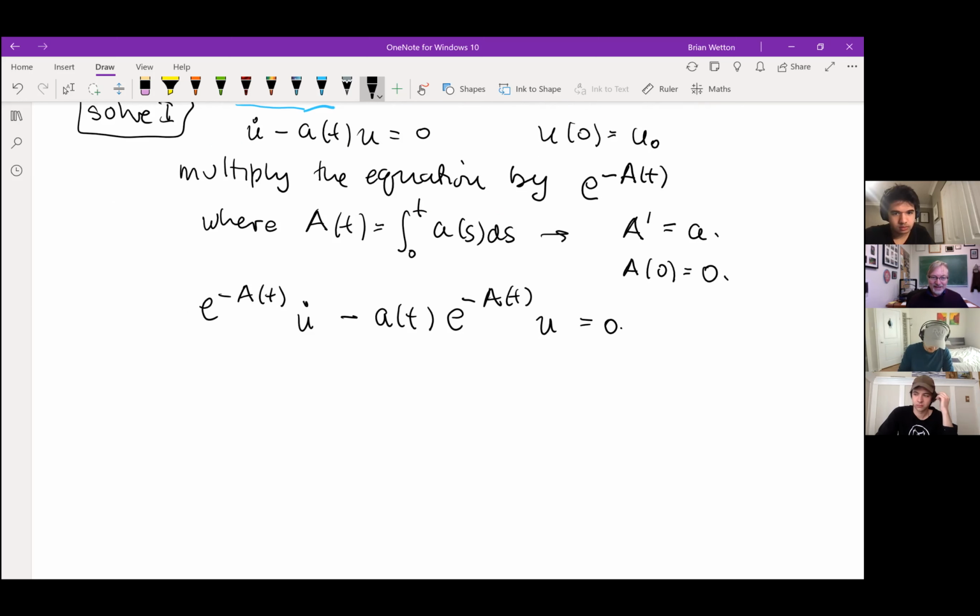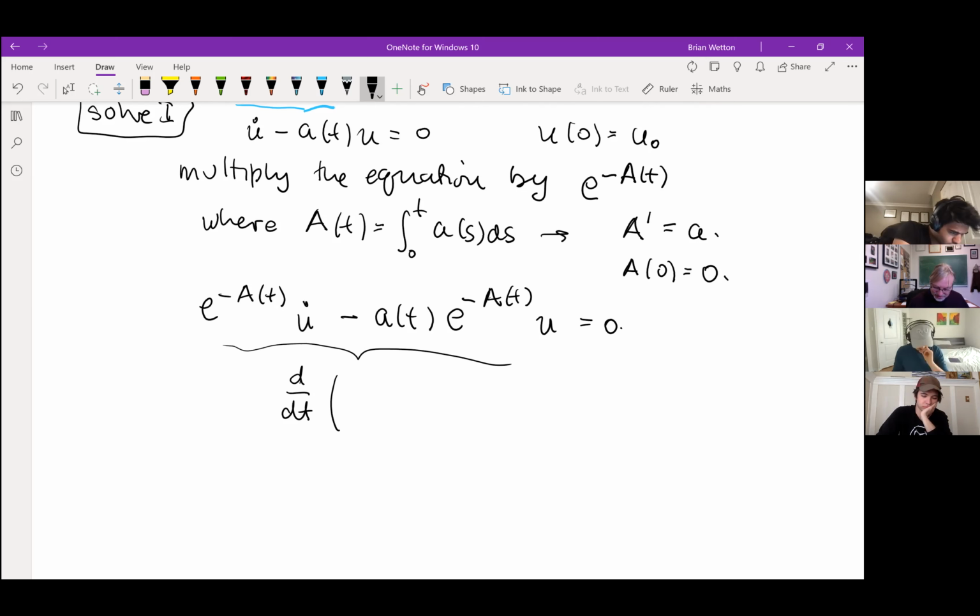Okay, well, doesn't look any easier, right? But it is, right? Because now I'm going to recognize I multiplied by the right thing to make this a chain rule or a product rule derivative. This is just the derivative of e to the minus a of t times u.